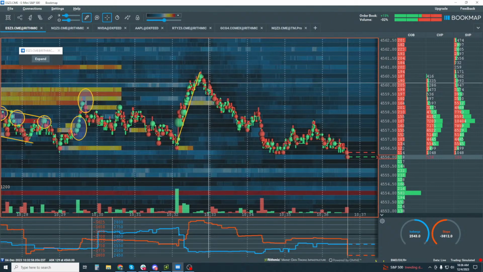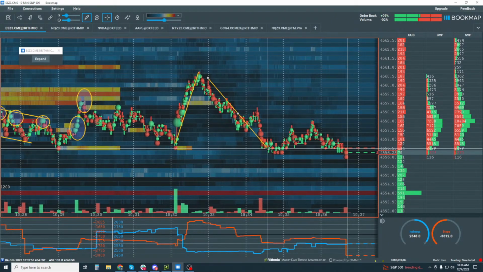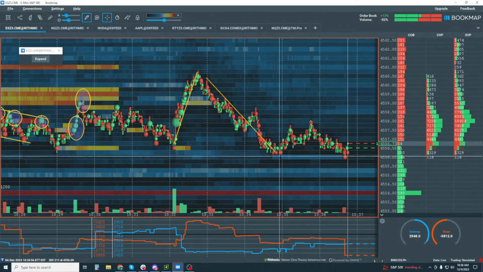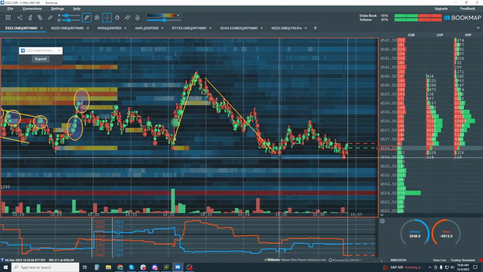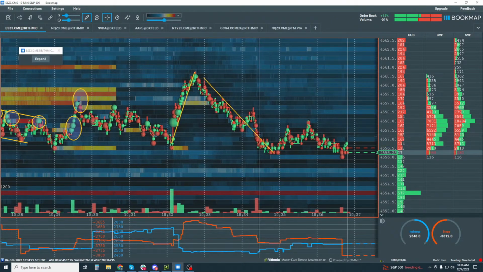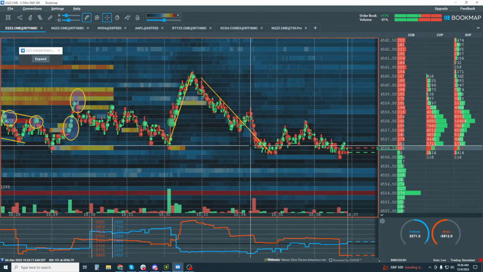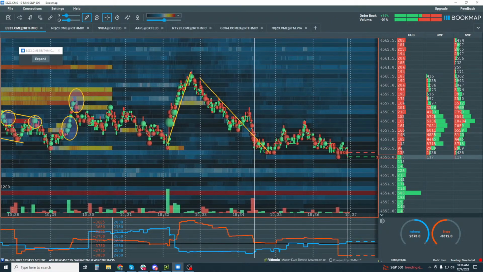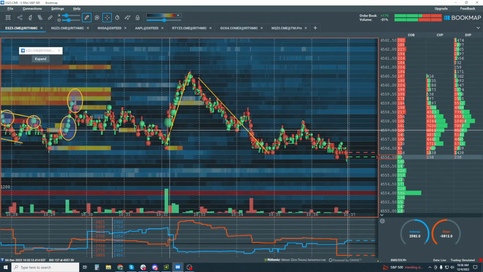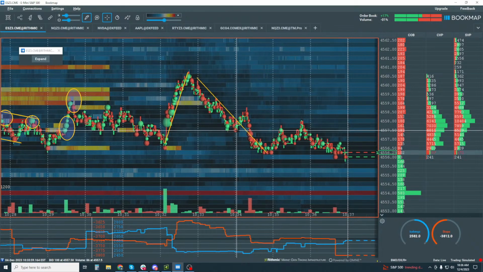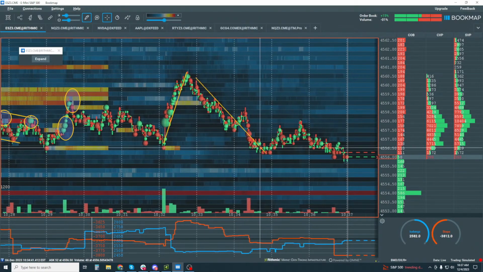How strong is this? And then look at this pullback now, and how strong is that? It's not bad. There's some volume in this little area on the sell side, so it's not too bad. I would have liked this to stop right around here, but it's gone down below it.